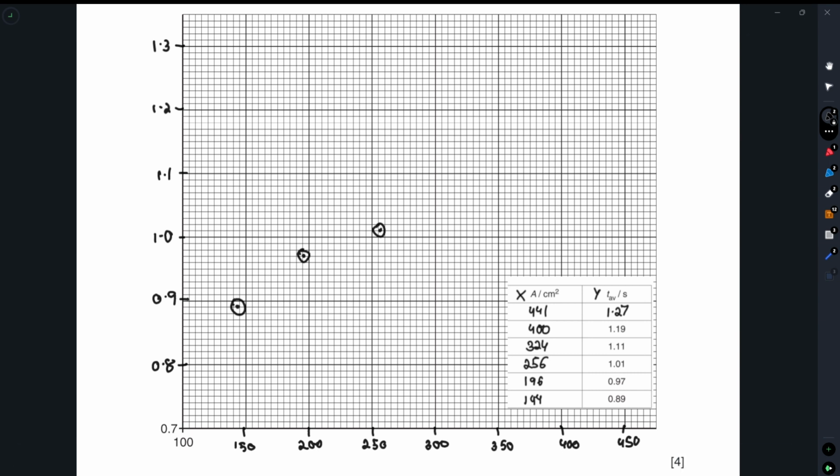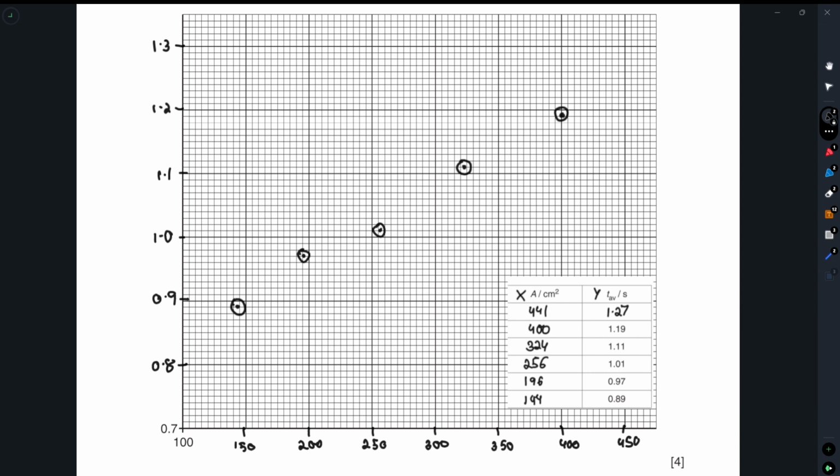ठीक है जी. So 1.11 and we have 324. So 300 and 305, 10, 15, 20, 24. So somewhere over here. 400 and 1.19. So 1.19 and 400 would be exactly over here.